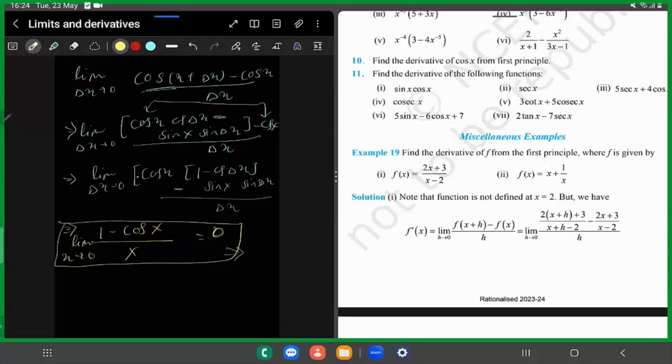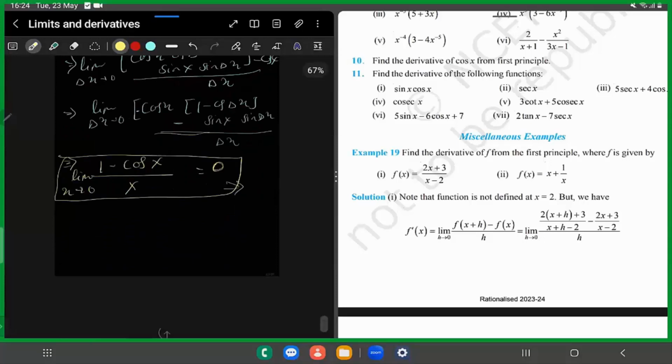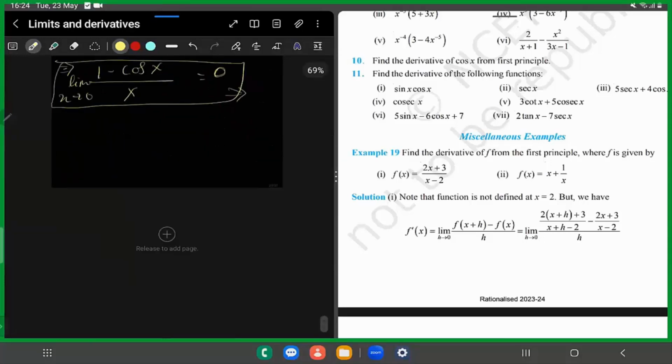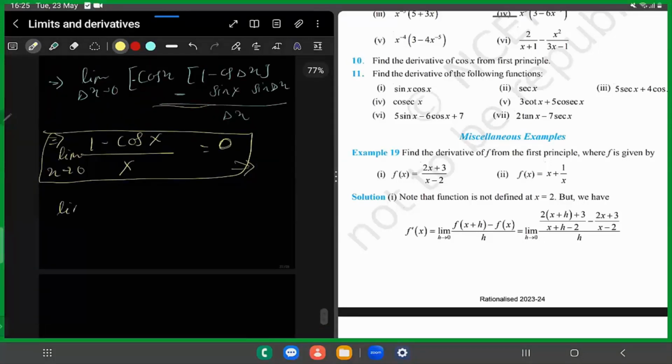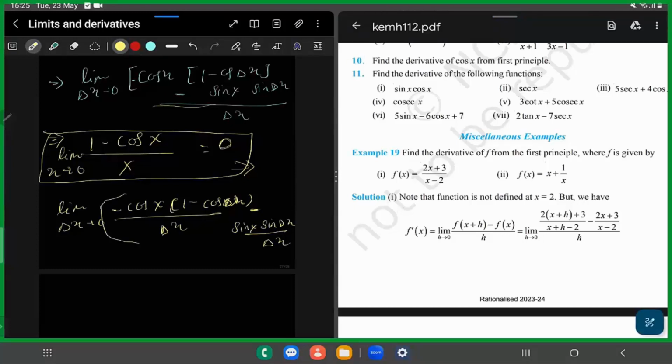So if we split the above limit expression, then this will become limit delta x tending to 0 of minus cos x into (1 minus cos delta x) by delta x, minus sin x into sin of delta x by delta x. So you know that this whole first expression is going to be equal to 0, and you just have to deal with the other expression.